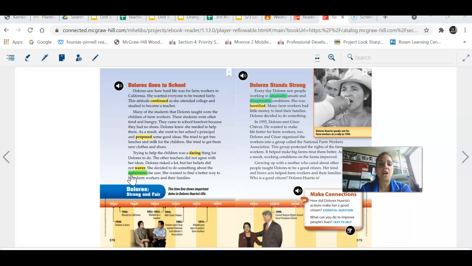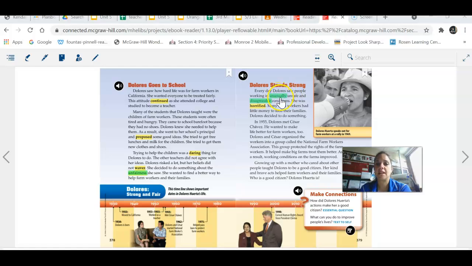So if you are unfair, you're not treating someone the same. So if she decided to do something about the not fair she saw, there's a not fair state. It's in the way something's happening. So something's happening without being treated the same.